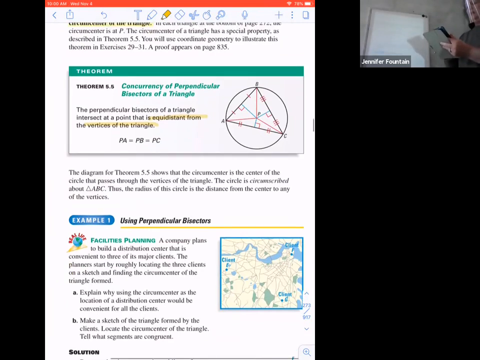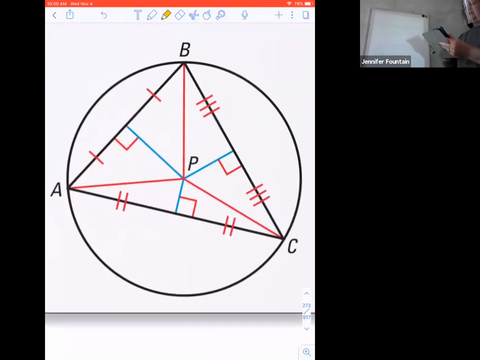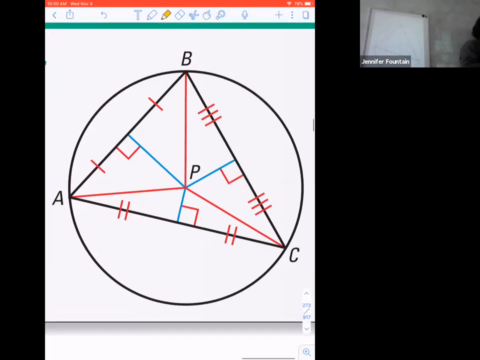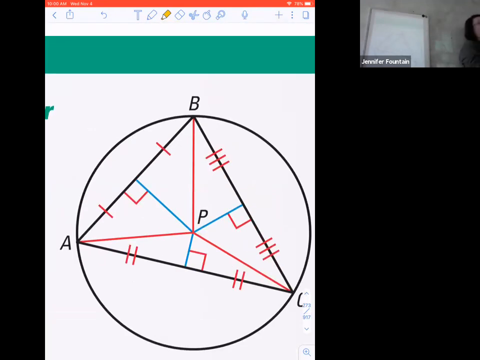Now, are my red lines or my blue lines in this example the perpendicular bisectors? Perpendicular lines intersect at what kind of angle? It's the blue lines. They intersect at 90 degrees. The only three that are marked with 90-degree angles are those blue lines. So my blue lines are indicating my perpendicular bisectors.